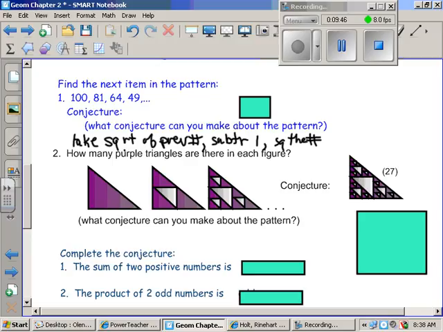But let's talk about what our conjecture is about how we're getting these triangles. So she's saying we're drawing a triangle. What happened to get from here to here? Okay. Why 3 more? Could we have added 4 more?